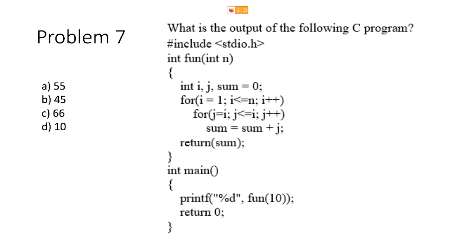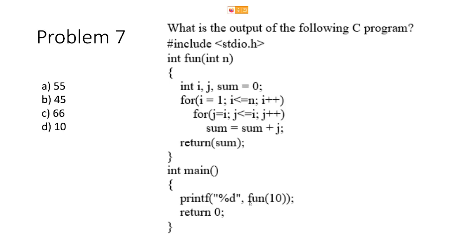Is the question clear? Ma'am, once again repeat, ma'am. Okay, so this is your main function. Your program will start executing from main, and main is first calling the print function, and inside the print it takes as an argument the result of function fun. Now fun is being called here with value 10.